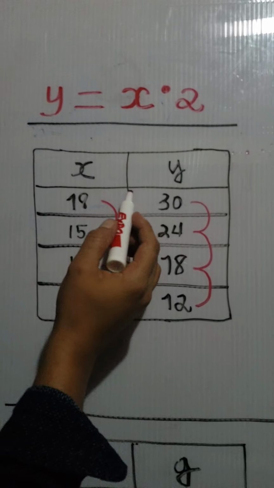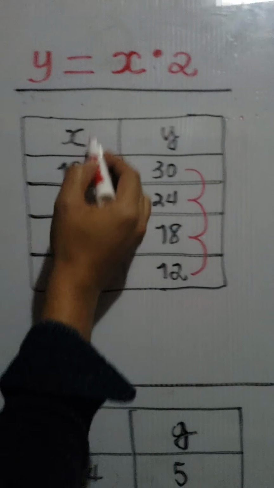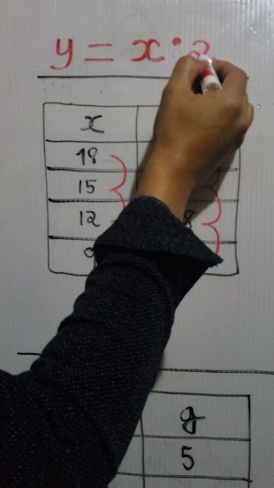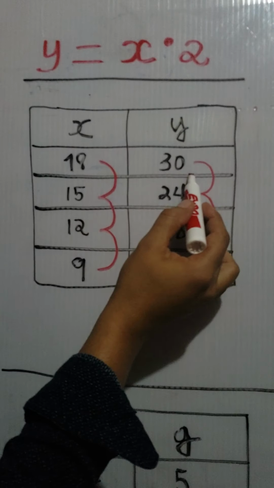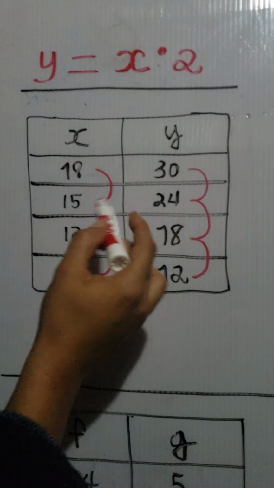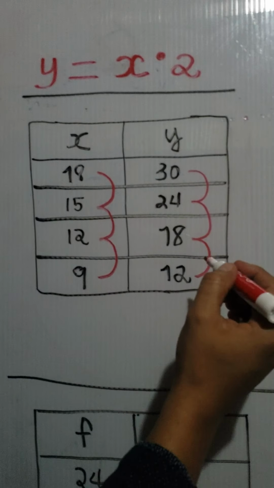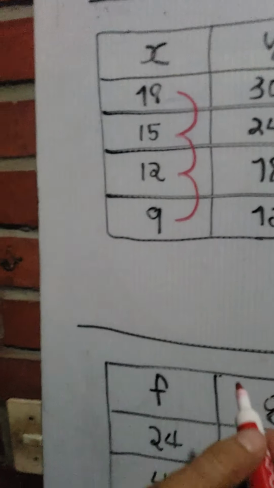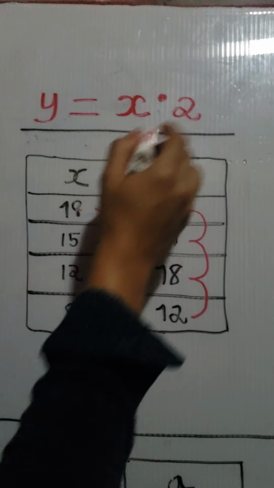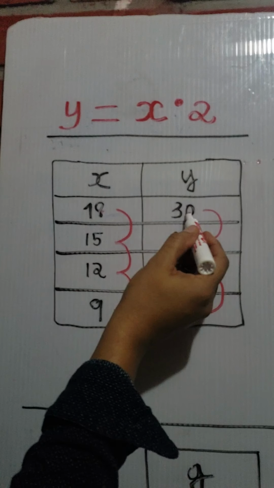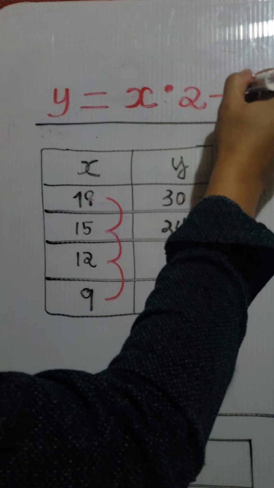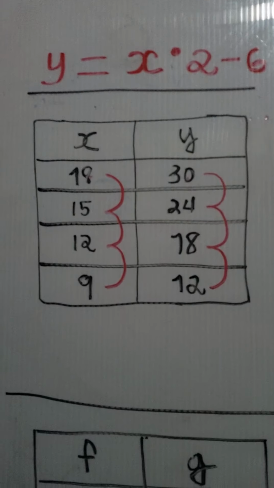Let's see. 18 times 2 is 36, but I have 30 here. So what do I need to get from 36 to 30? I will subtract 6 in my equation.